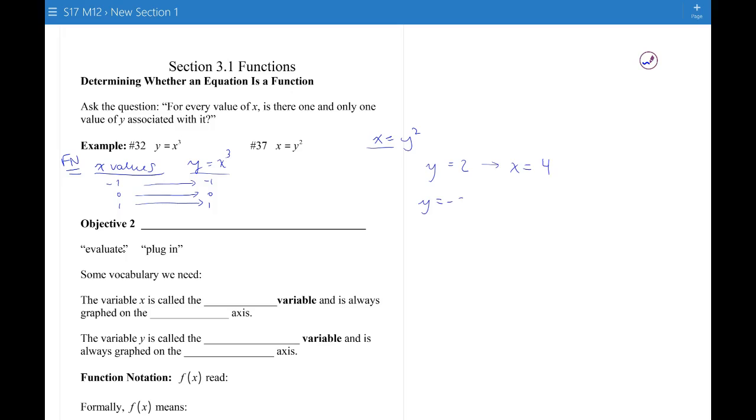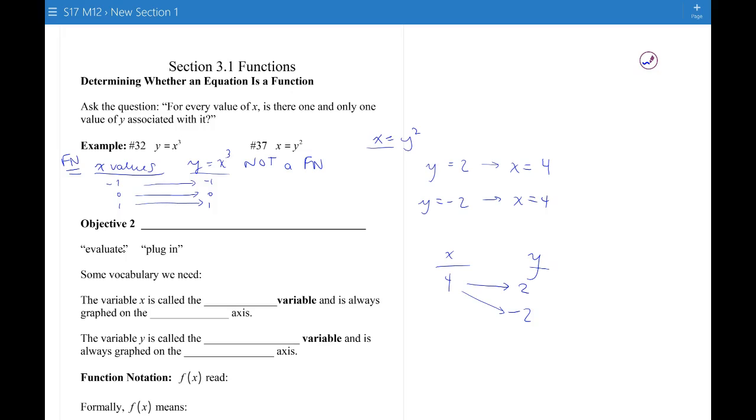But if I have y is negative 2, then that also comes from x is 4. So if I had a table and I had y values and x values, 4 would map to 2 and to negative 2. So this is not a function because one x value generates two different y values.